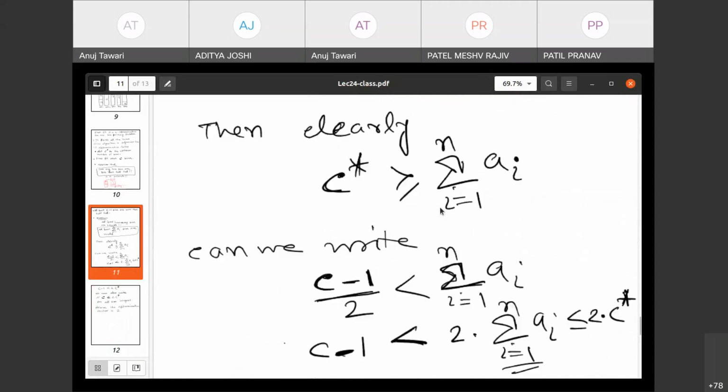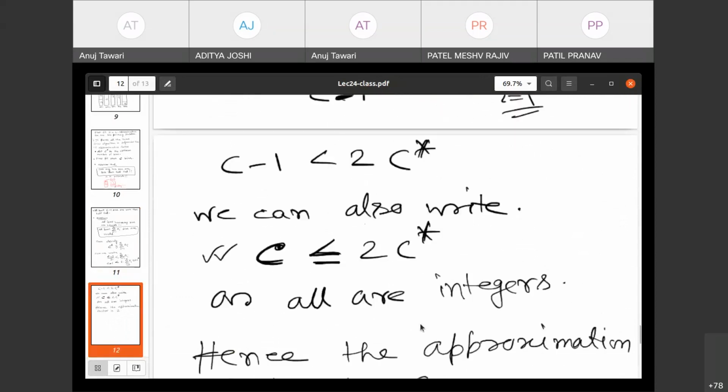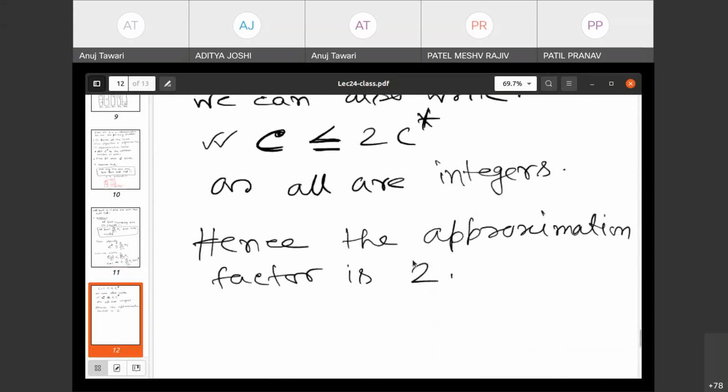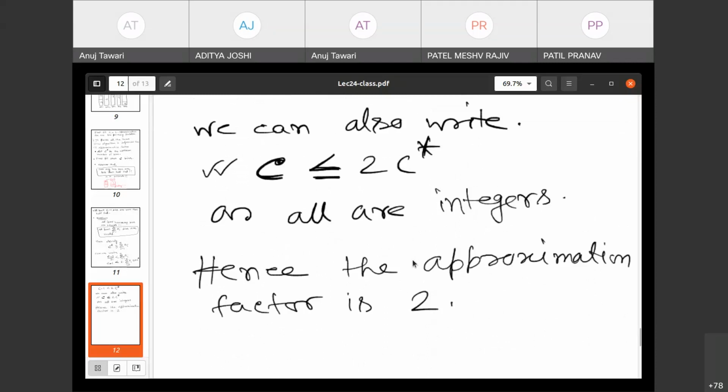Because we assume that C minus 1 is even, you can always write that C is also at most twice C star. And therefore the approximation factor is 2. So I hope this analysis is clear. If there are any questions regarding this?